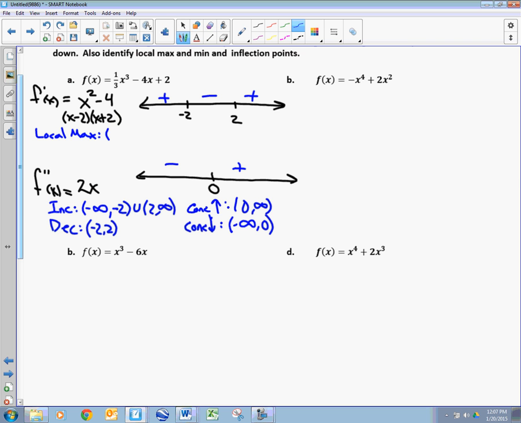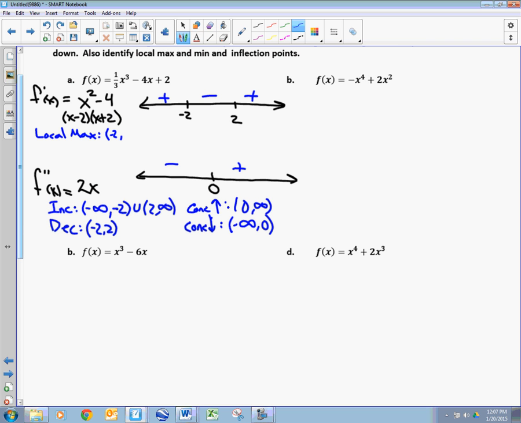A local max is where the derivative is equal to 0 and it's concave down. Where is the derivative equal to 0 and it's concave down? At negative 2, the derivative is 0 and it's concave down. So negative 2 is where you have a local max.